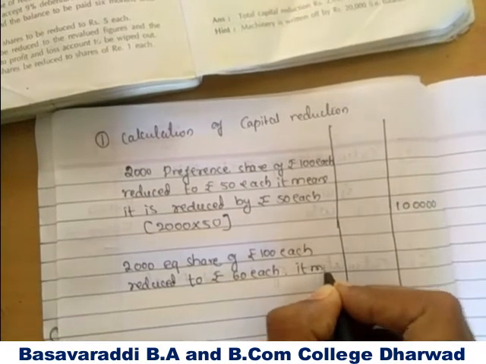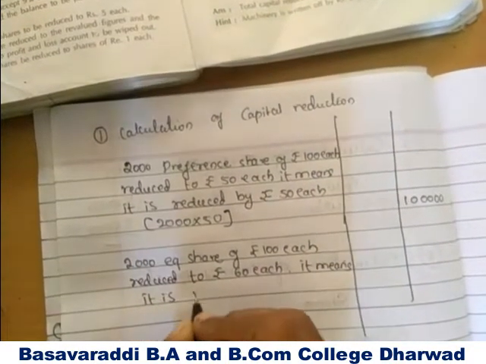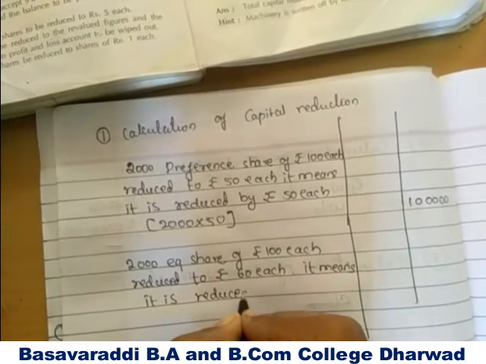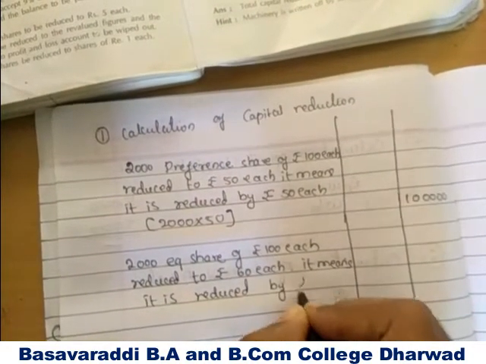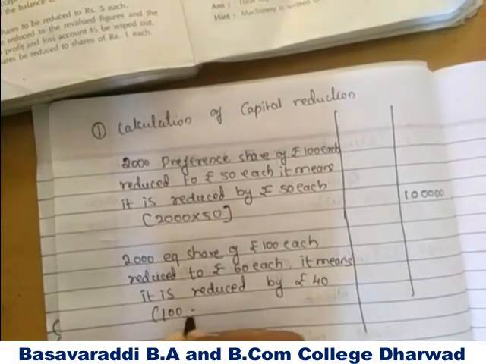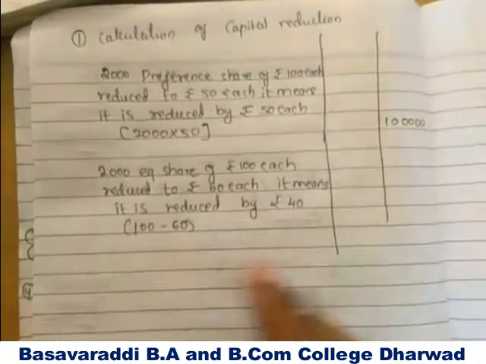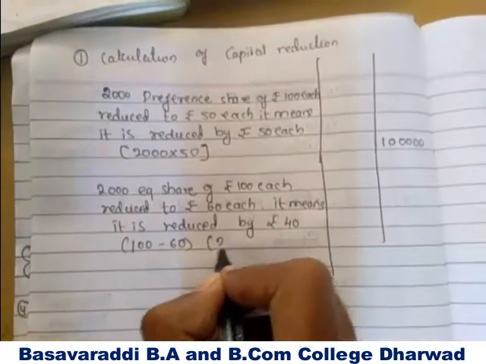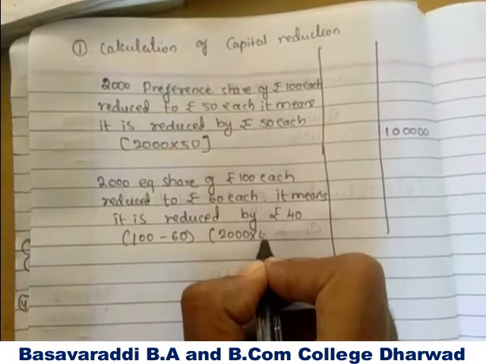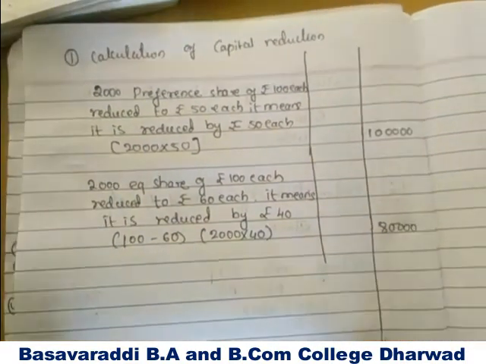It means it is reduced by rupees 40. How? 100 minus 60 is equal to 40. Now 2000 into 40 is equal to 80,000.